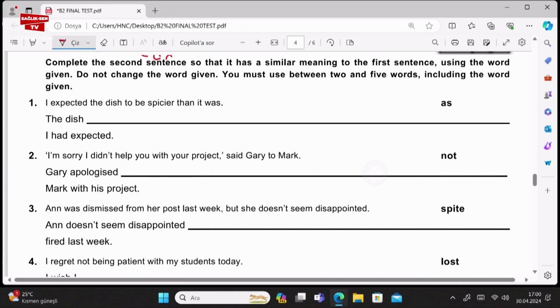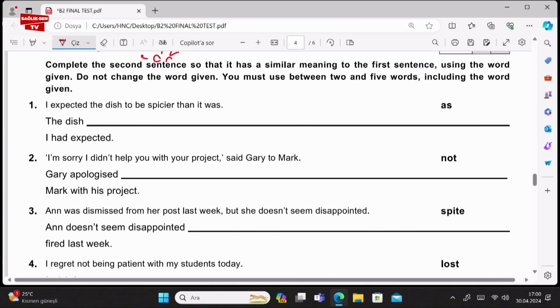Let's go on with complete the second sentence so that it has a similar meaning to the first sentence using the word given. Do not change the word given. You must use between 2 and 5 words, including the word given. I expected the dish to be spicier than it was.